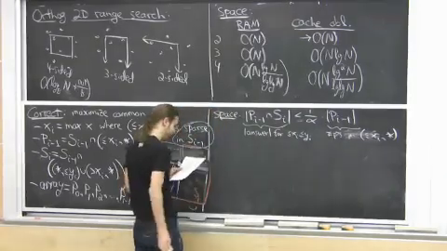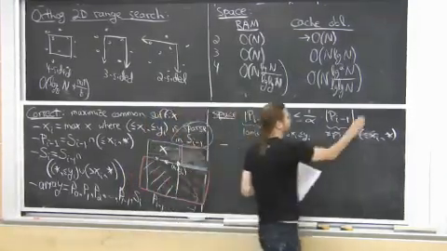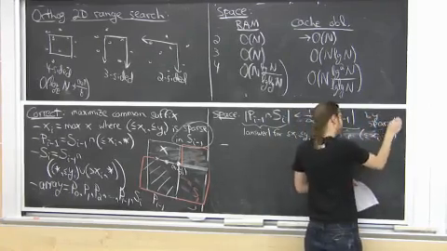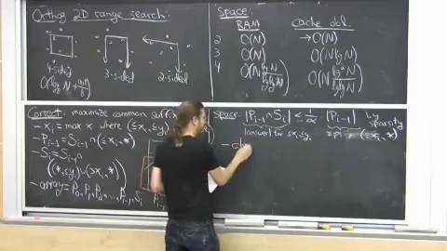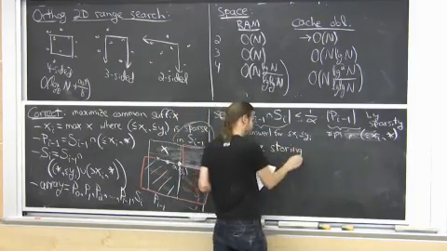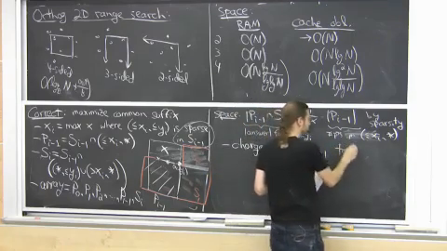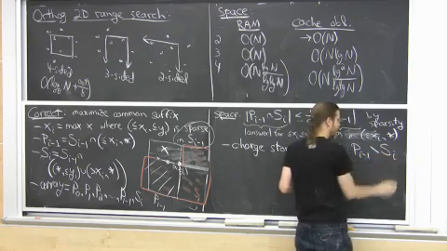Here's a charging scheme. So this is by sparsity. So I'm going to charge storing pi minus 1 to pi minus 1 minus si.